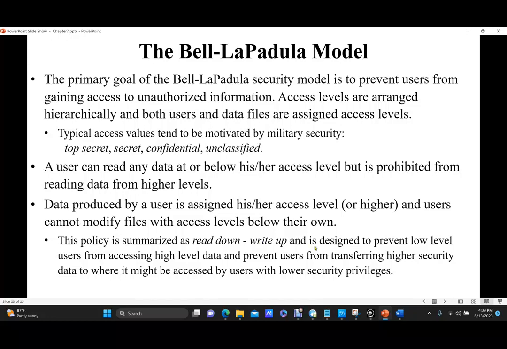It's designed to prevent low-level users from accessing high-level data and to prevent users from transferring high security data to where it might be accessed by users with lower security privileges.